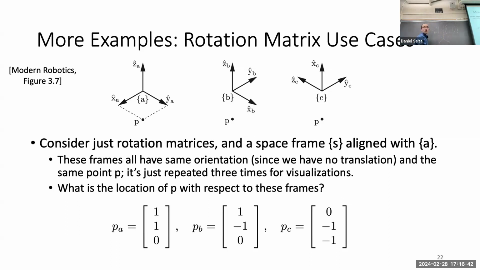And then the length of the arrow is 1. So if you're here, you go one unit in the Y direction, and then 1 unit in the X direction. And so for this P, you start from where the XB is pointing, and then you go this way, which is the negative Y direction.